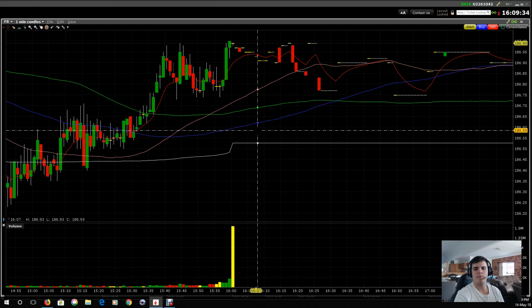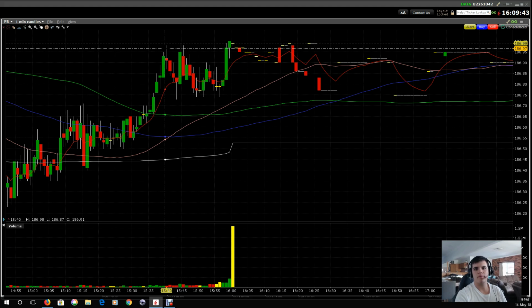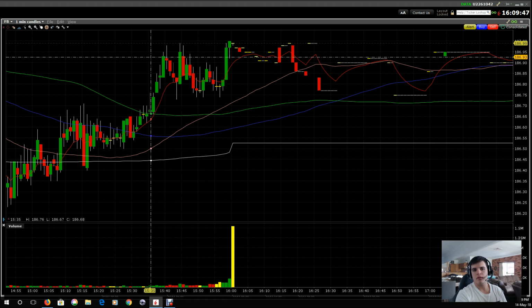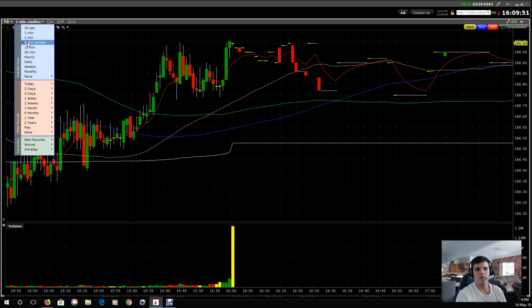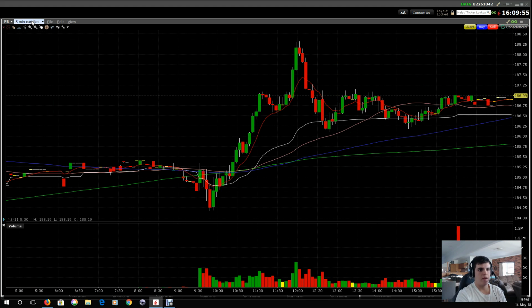So I just wanted to explain the intricate bits of a candlestick chart. Each candle represents a period of time, and that time you can choose. Here at the moment, each candle represents 1 minute. If I wanted to go 5 minutes, each candle represents 5 minutes of time, and you can keep going: daily, weekly, whatever.